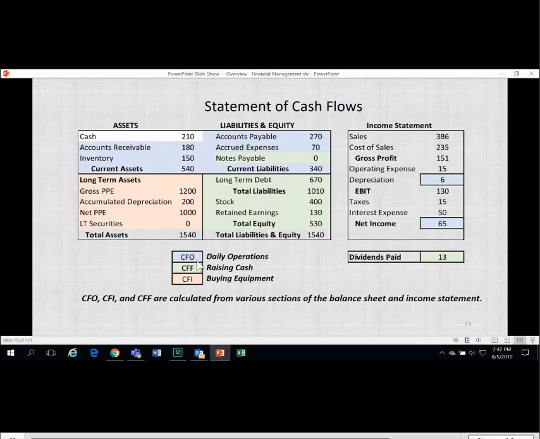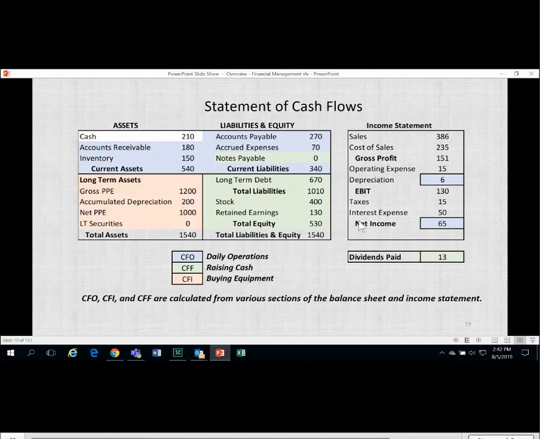First, let's start with CFO. Cash flow from operations reflects basically daily operations. When we say daily, we produce the product and we sell the product. We create net income. So the first part of this is net income. But again, we're talking about cash flow, and we know that net income is not the whole story. We have to add depreciation back to it, like a couple slides ago when we were calculating net cash flow.